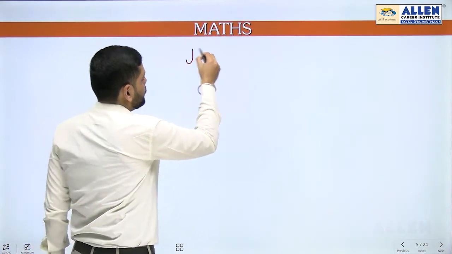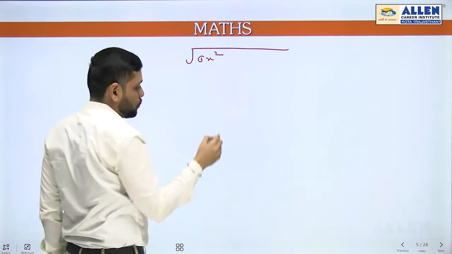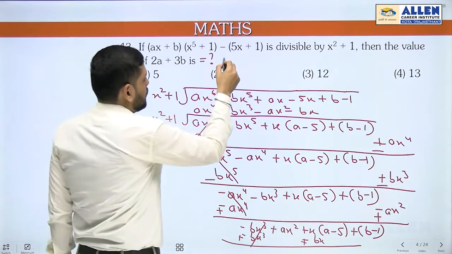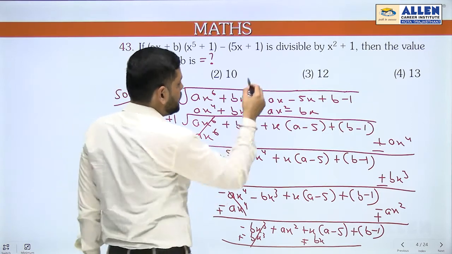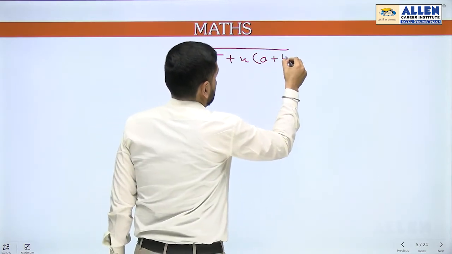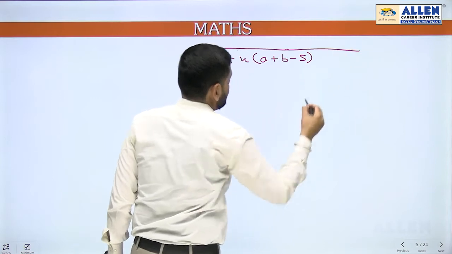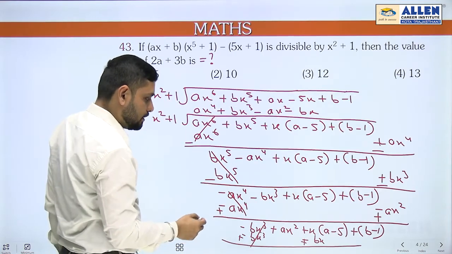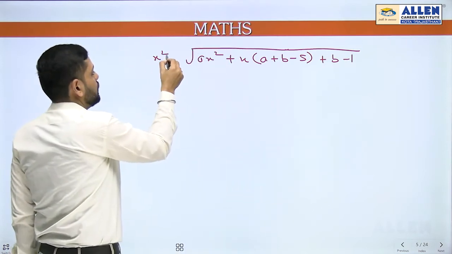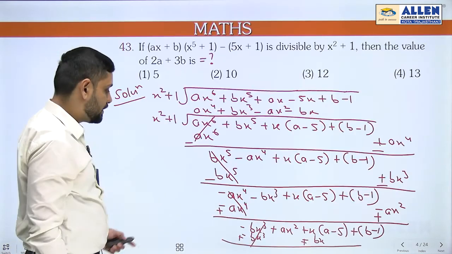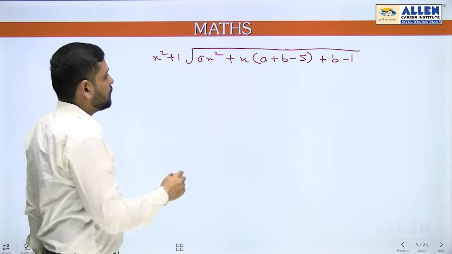So what we'll get? ax² plus, we'll take x common, so we get (a + b - 5), then plus (b - 1). And now we'll divide it by x² + 1.